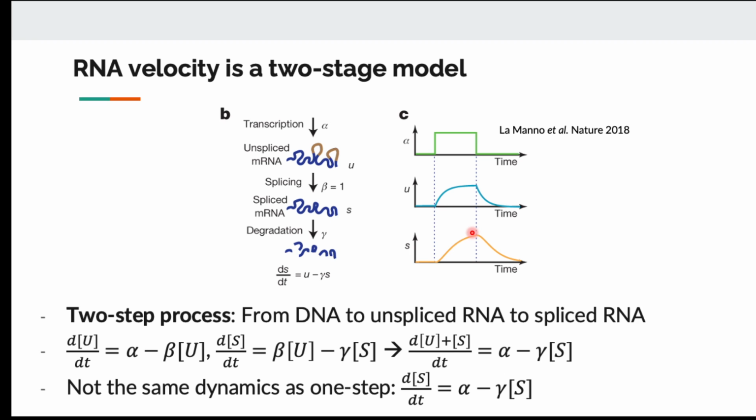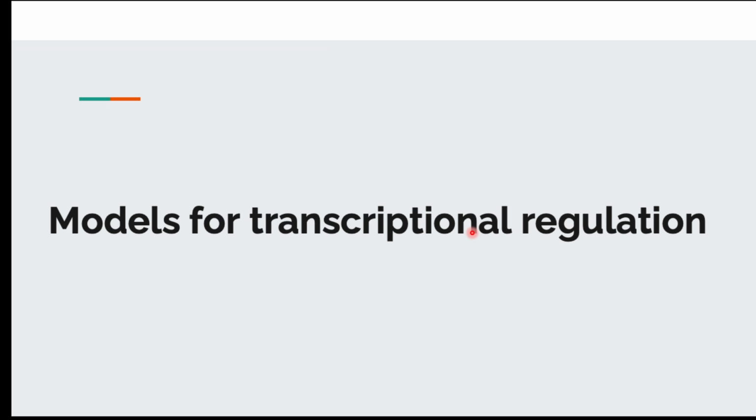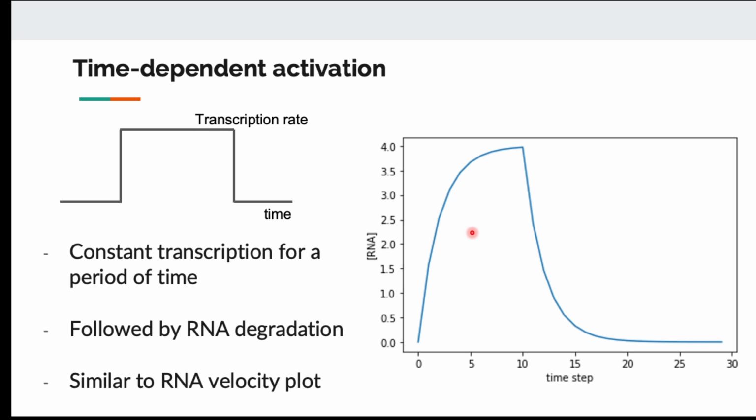Okay, so let's look at how we can use these to understand real systems in biology. We talked about these hypothetical systems. So let's see the different ways that transcriptional regulation occurs and capture them with differential equations. Let's say we use this model where the gene is activated for a certain period of time, and then we turn it off.